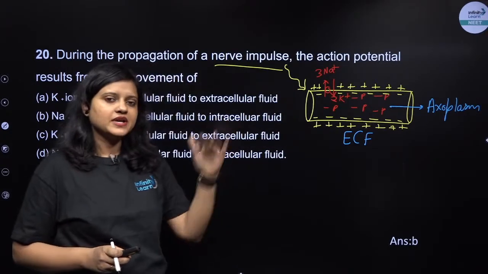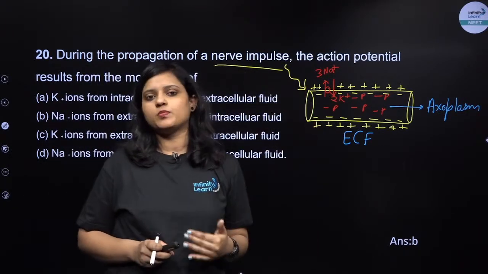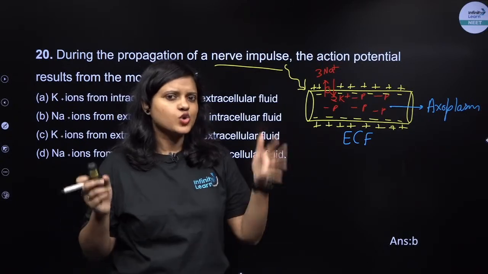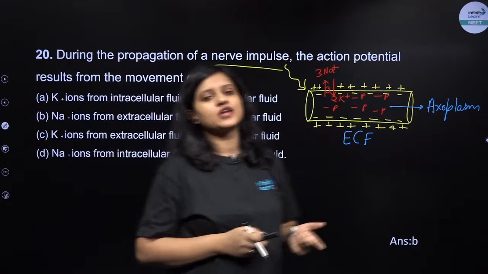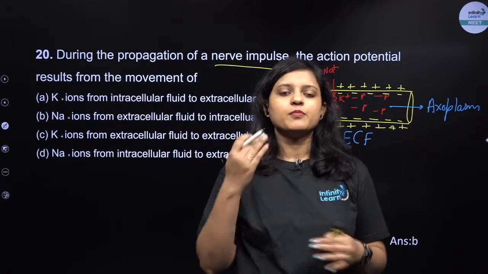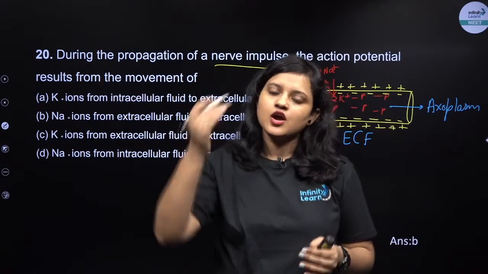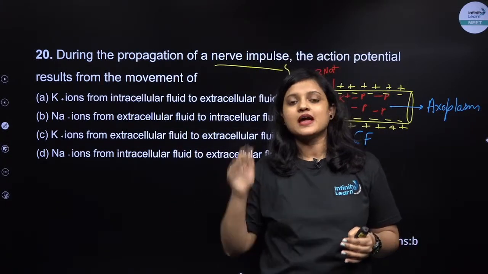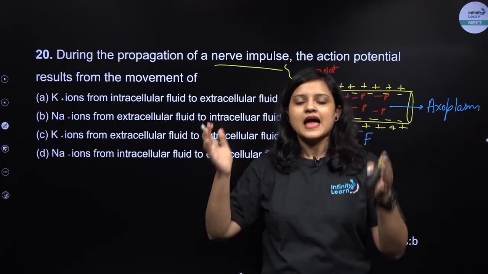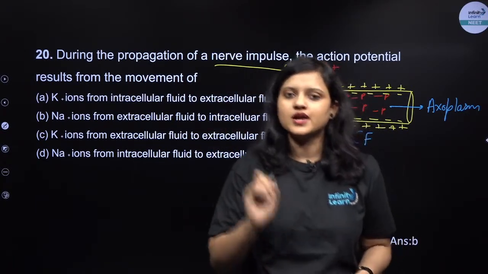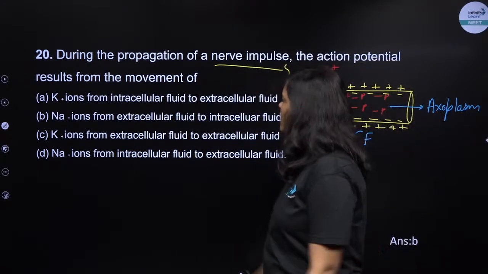So there will be immediate influx of sodium ions inside the axoplasm. When many positively charged sodium ions come inside, what will happen? The polarity inside will change. Now there will be more positive ions on the inside of our axolemma and less positive ions on the outside of axolemma, and this is termed as depolarization. Right?